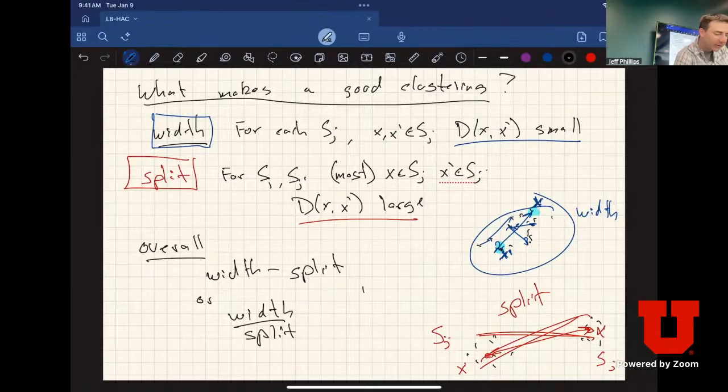I want something like this to be small. Sometimes I just measure something like the average width, or sometimes I do something that has to do with split. Sometimes I combine them together.